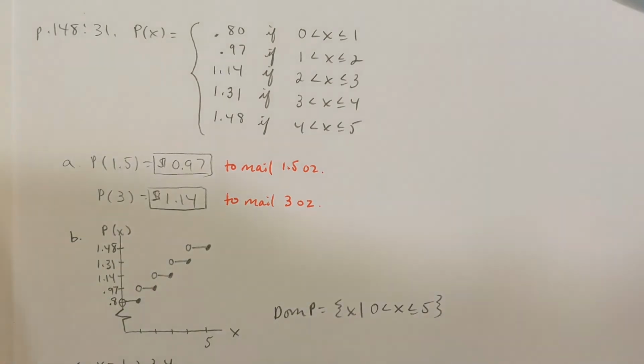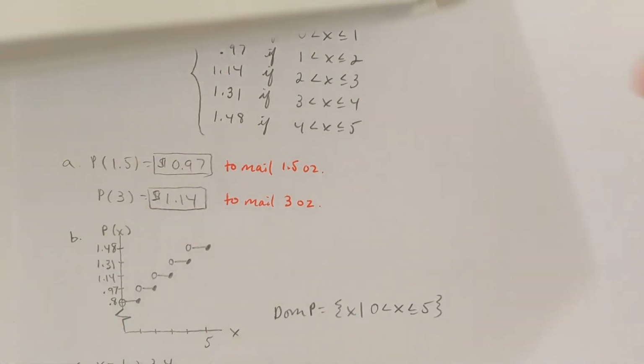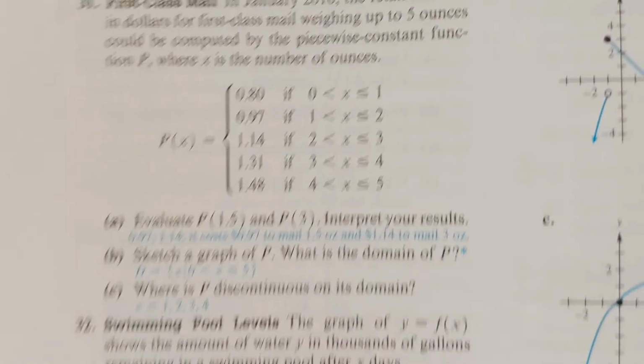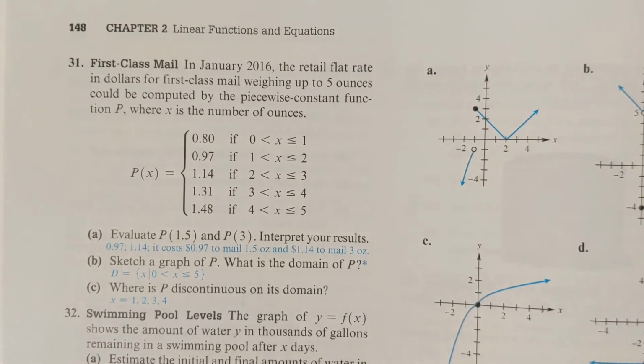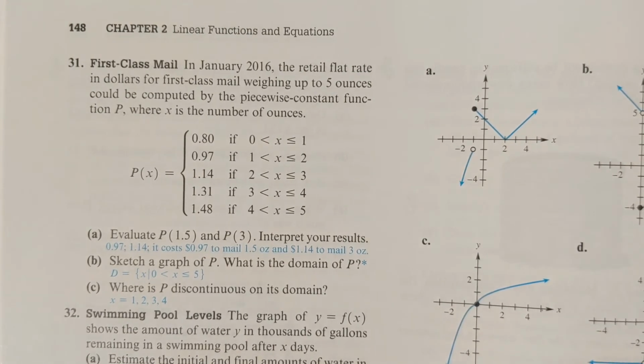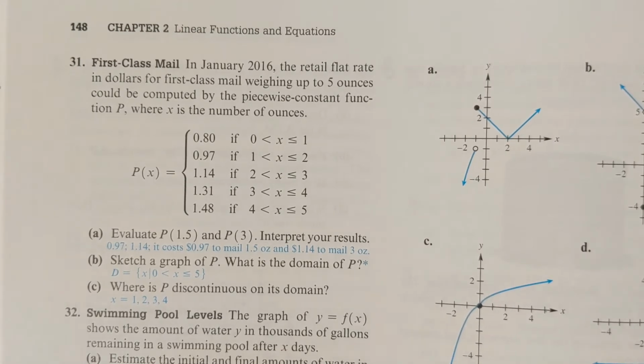Problem 31 on page 148 is a good one. It says in January 2016, the retail flat rate in dollars for first-class mail weighing up to 5 ounces could be computed by the piecewise constant function p, where x is the number of ounces.